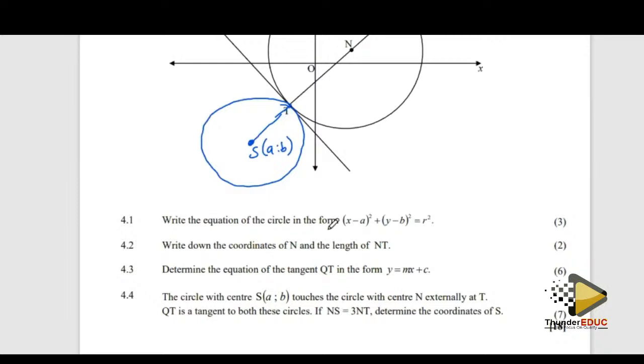If NS, the distance from here up to there, is 3NT, can we determine the coordinates of S? So guys, we got the coordinates of T, which were (−1, −2). We got the equation to be y = −x − 1.